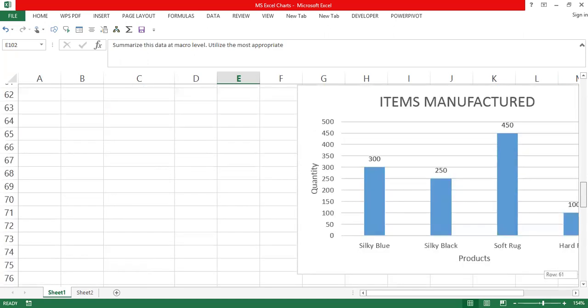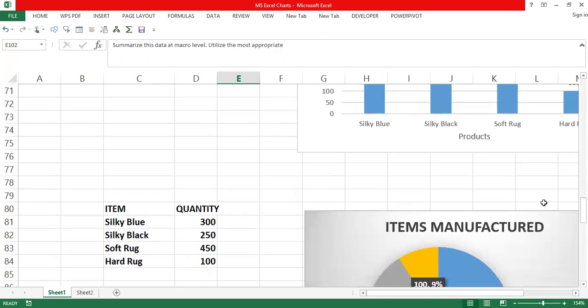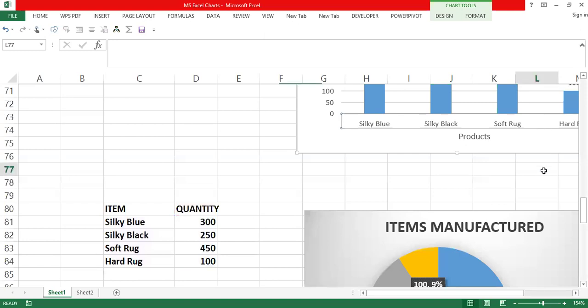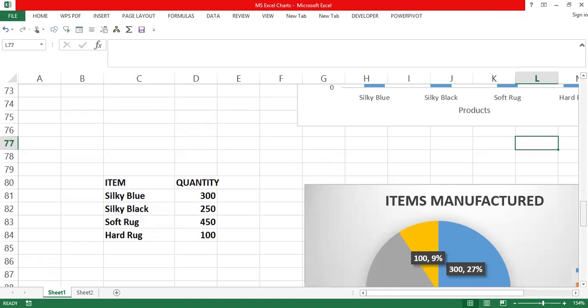What determines whether you choose pie charts or bar charts or column charts? Let's just say between pie chart and column chart, what do you think is a major consideration in choosing between these two?